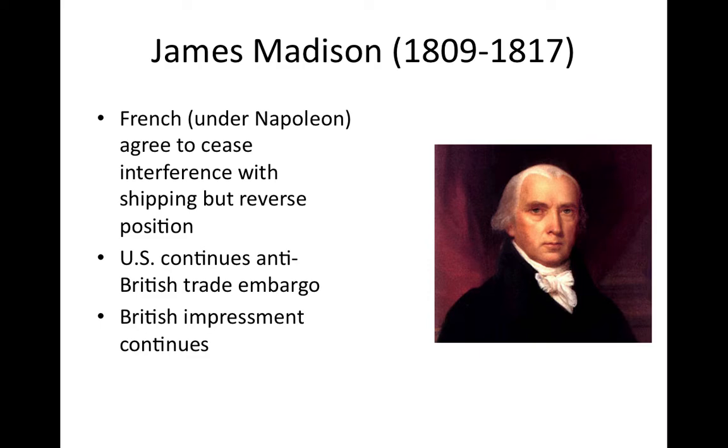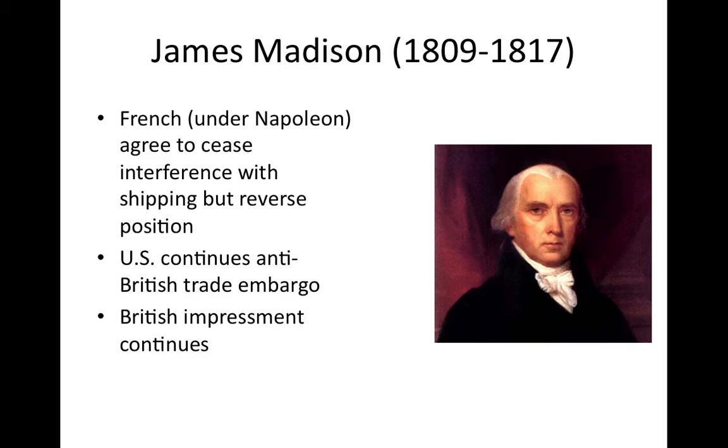Now, the French under Napoleon, in an effort to address the Americans' concerns, agreed to stop interfering with shipping. But then they reversed that position pretty much right away, so nothing gets fixed there.